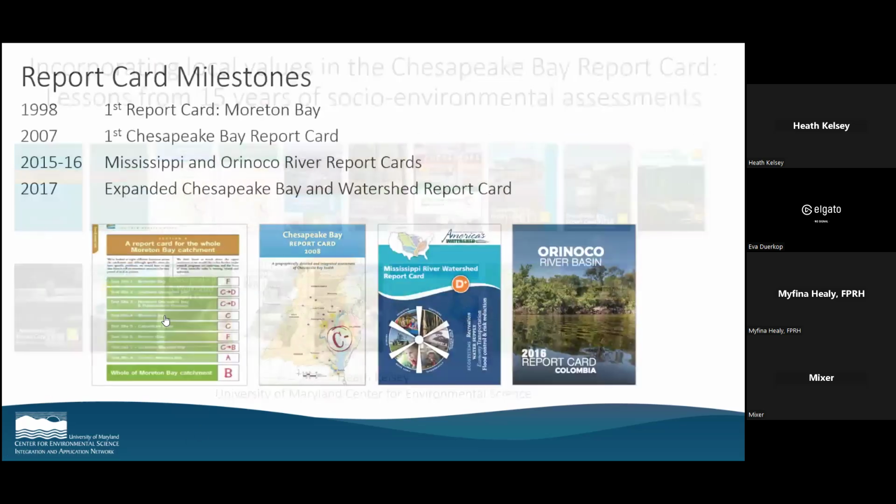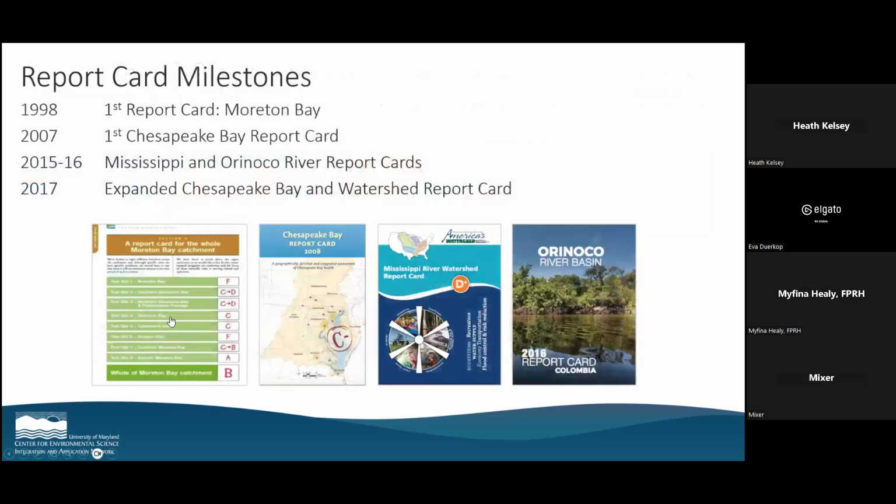So when we talk about the evolution of our report card thinking, there are a couple of milestones that come to mind. Many of you might be familiar with the Moreton Bay report card, which was 1998, and Bill Dennison, who was my boss for 15 years until just this year.